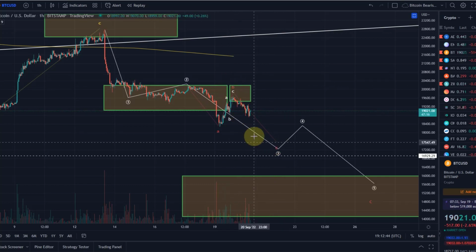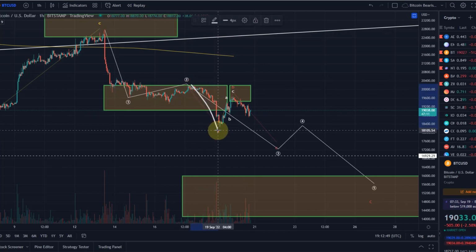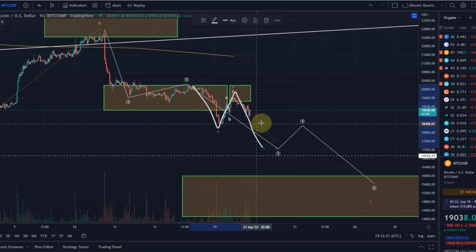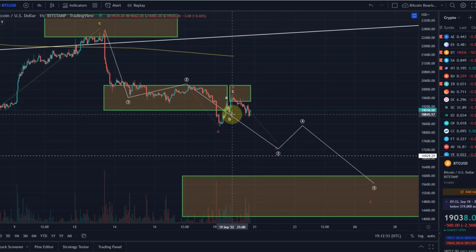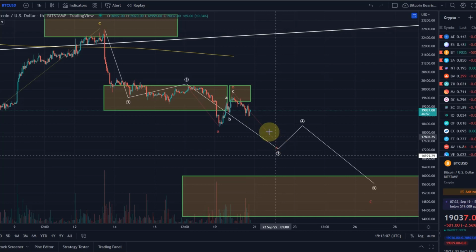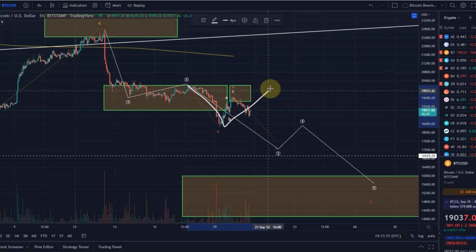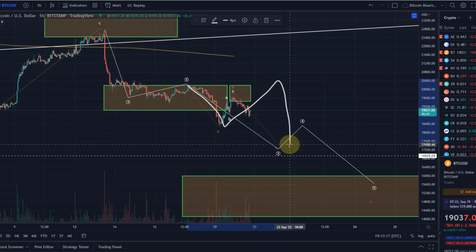But what we need to understand is there is definitely a chance that, okay, here A, B, C, and we're now coming down, very much possible, especially as we've broken below this low here at 18.9K, even though we've recovered it. But this already shows us that there's definitely pressure to the downside. But it could also be that, indeed, this was the wave A, but the wave B in red wasn't finished, and the wave C is still to follow.